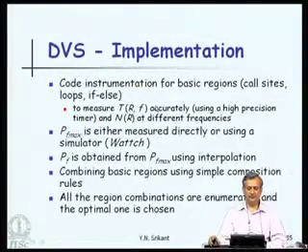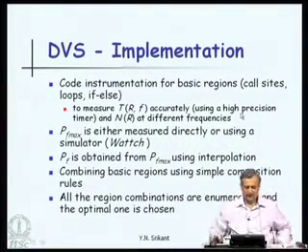How does one implement dynamic voltage scaling? So, there is going to be code instrumentation for very basic regions such as call sites, loops, if then else and so on and so forth. And the instrumentation measures the time T(r, f). So, assuming that the region is small, we require a very high precision timer.